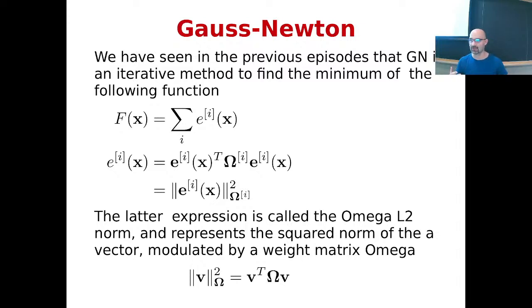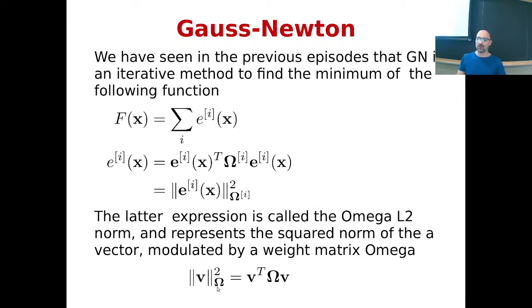This results in some sort of Mahalanobis distance. Now, in the remainder of the course, I will always refer to this norm, because it's a scalar that you calculate out of a vector, as the omega norm, right?